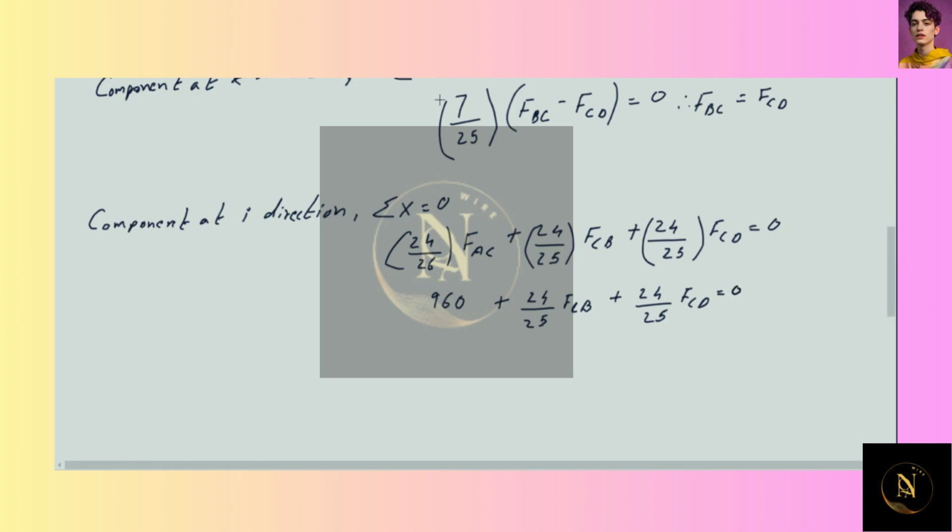So we got two equations, like from here FBC equal to FCD, just substitute that here. So that means from here we can write FCD.